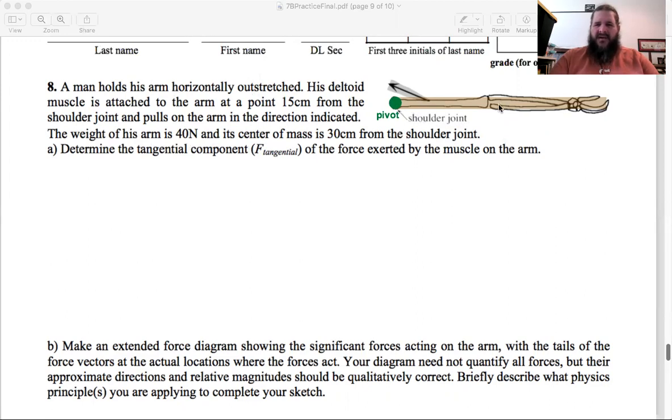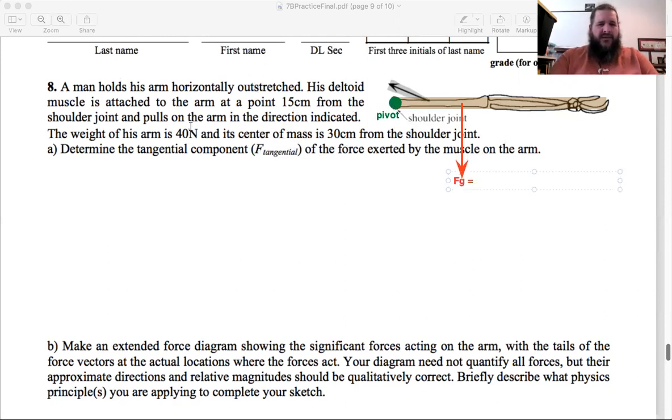Yeah, and not necessarily the middle geometrically, but the center of mass, which we're told is 30 centimeters from the shoulder joint, as opposed to the muscle attachment point, which is 15 centimeters from the shoulder joint. So 15 centimeters, another 15 centimeters, that's where we should expect the force of gravity to be located. So that's force of gravity.